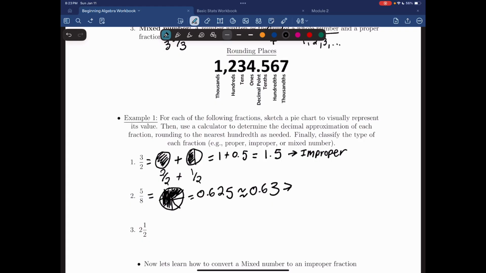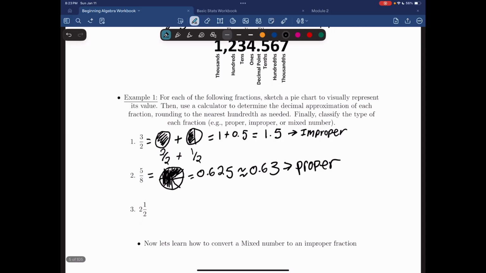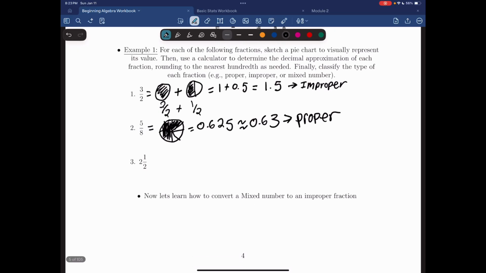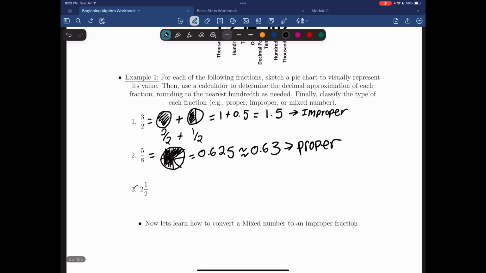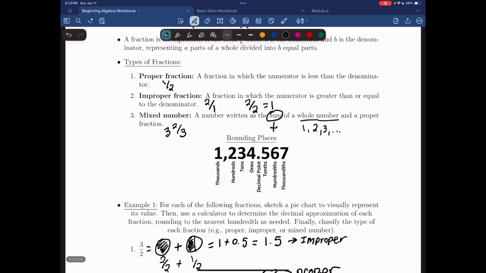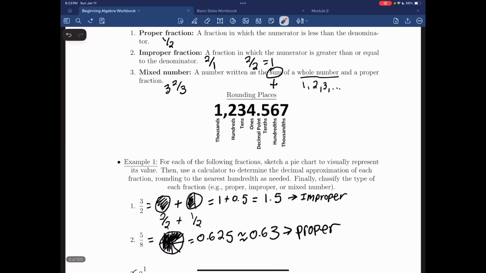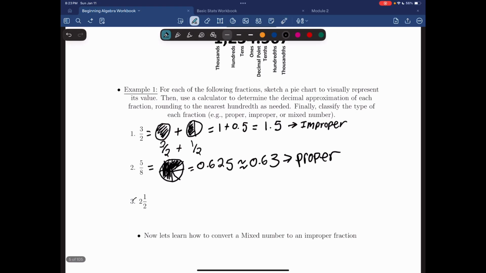And last but not least, we're dealing with a proper fraction here. And looking at example number 3, we have 2 1/2. Recall, a mixed number is the sum of a whole number and a proper fraction, and we know sum means to add.